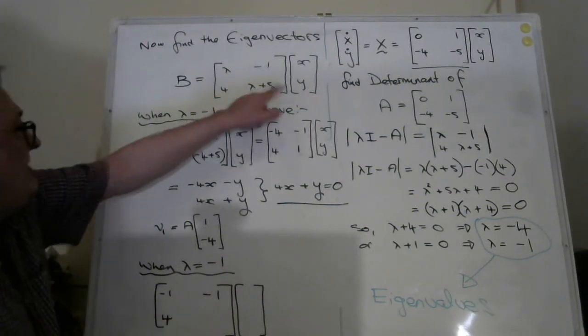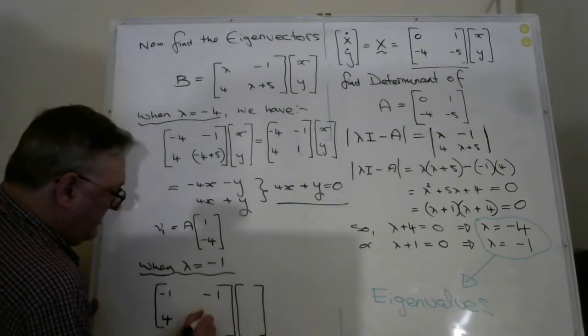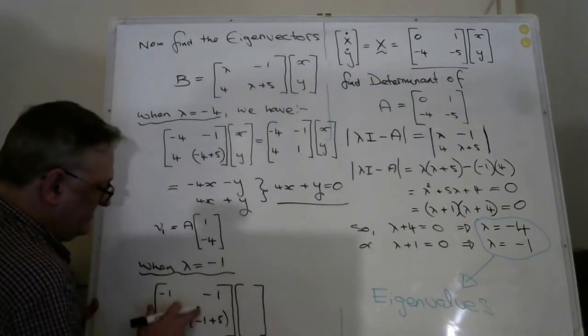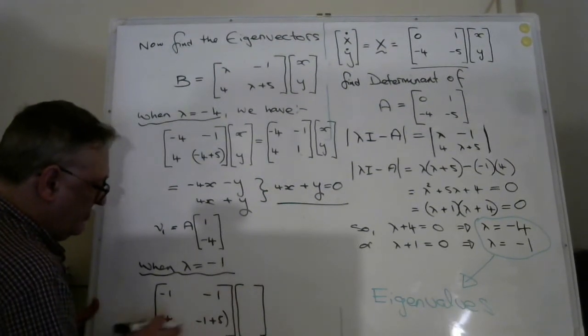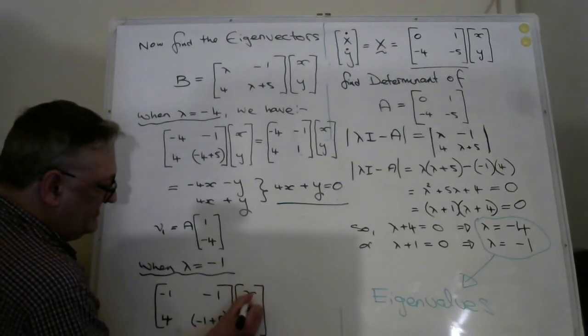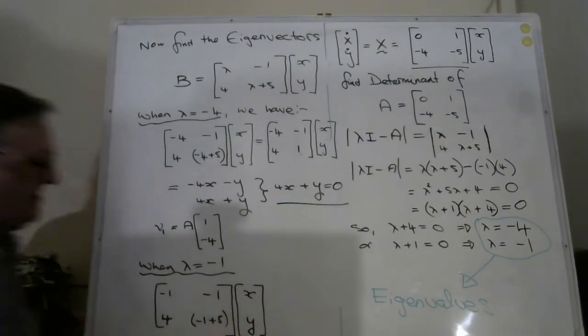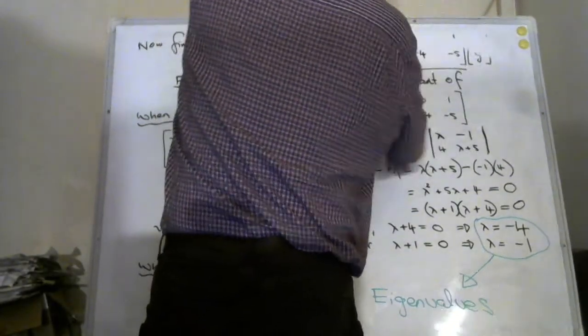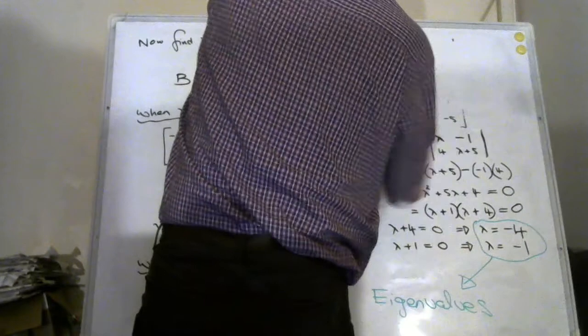And we've got -1 plus 5, in brackets. Let's make that look like a more convincing curly bracket. And this is your x and this is your y. Okay, so let's go to the other side of the board.